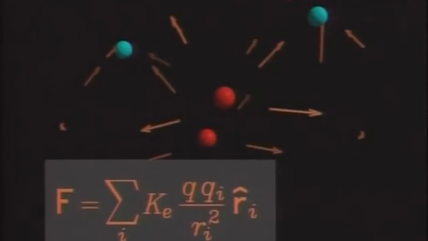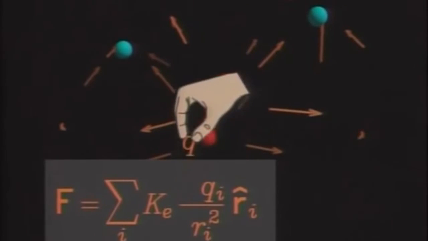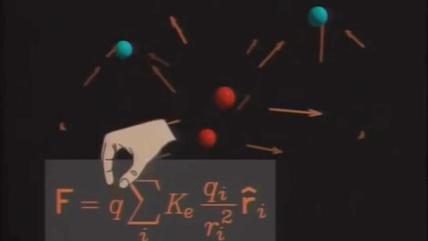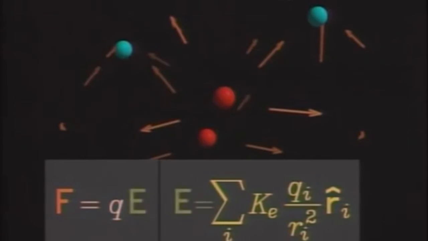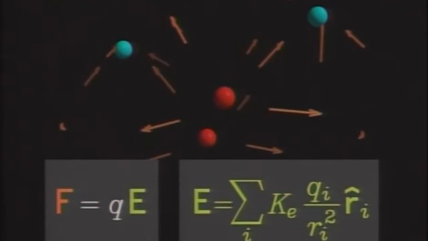The force that acts on a test charge at each point in space is equal to the test charge times a quantity due only to the other charges. That quantity is the electric field.